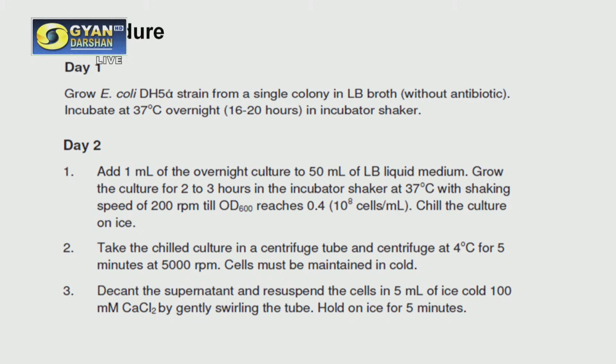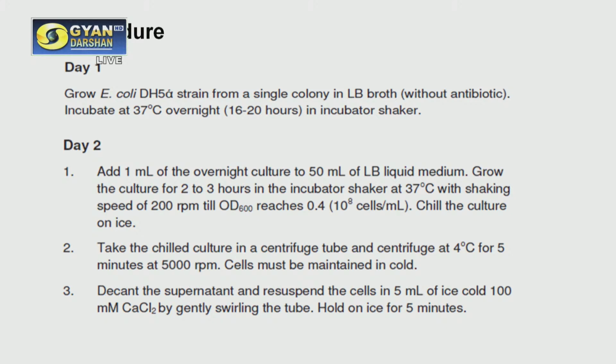So you have to grow the bacterial cells in Luria-Bertani medium. You get an overnight culture. Next day, that is day number 2, you add 1 ml of this overnight culture to 50 ml of Luria-Bertani liquid medium. Again you grow the culture for 2 to 3 hours and then measure the optical density of the culture in a spectrophotometer at 600 nanometer.